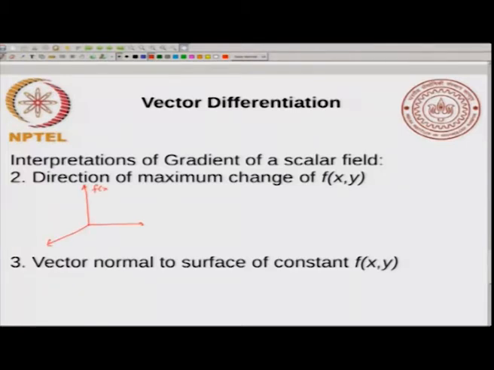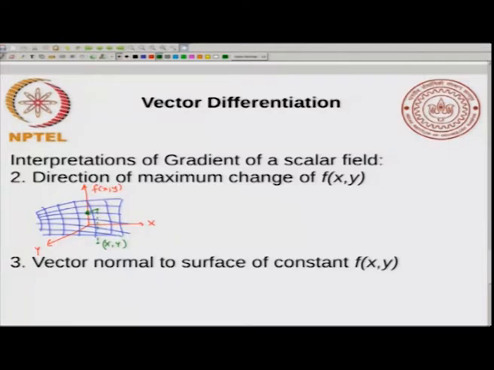What we had is f of x y, and you had x and y, and what we said is that this function looks like some surface. If you take any point in the x y plane, the function has some value at that point, and you look in all directions, and let us say you decide that the function is changing most rapidly in this direction.